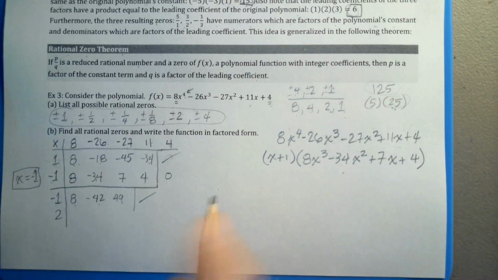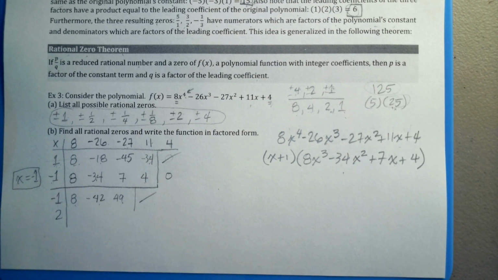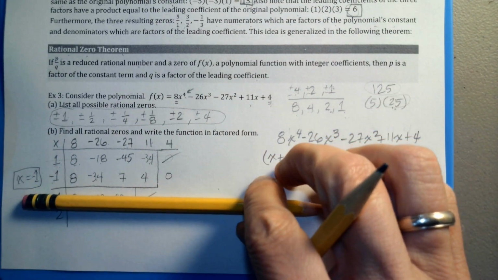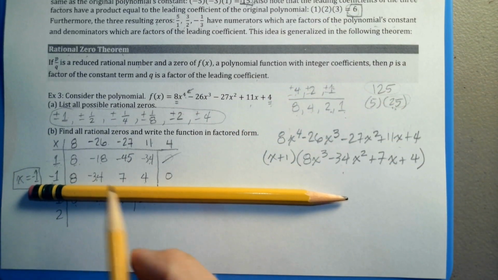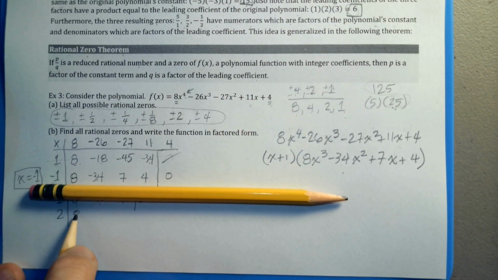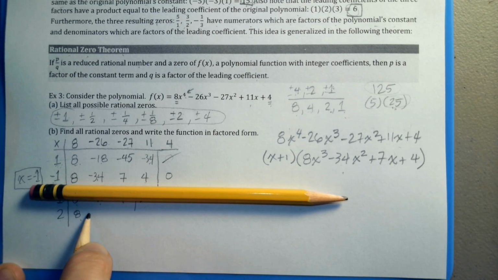All right, so again, we have to ignore that row, it didn't work, and we're just going to use the depressed polynomial numbers. So we bring down the 8, 2 times 8 is 16, add that to -34, and that's -18.